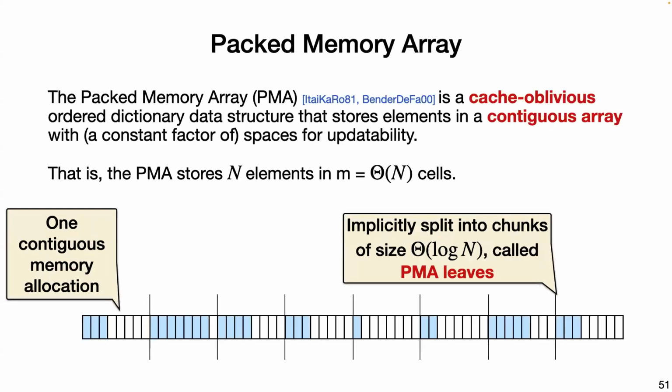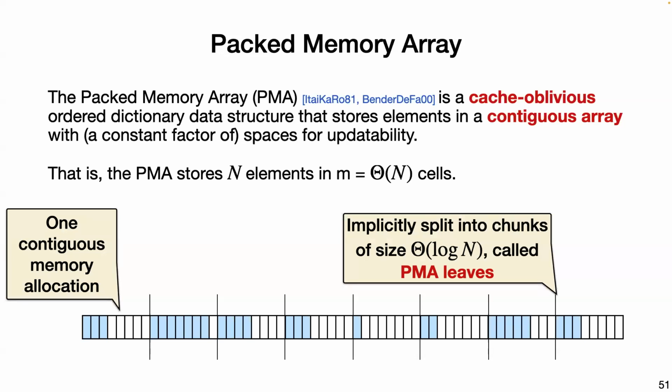The way it works is that it's an ordered dictionary. It stores elements in a contiguous array, and it has a constant factor of empty spaces in the array. The empty spaces allow you to do updates faster than just shifting everything around. Normally in an array, if you wanted to insert in sorted order, you'd have to shift all the stuff down.